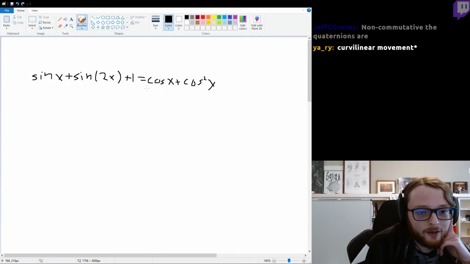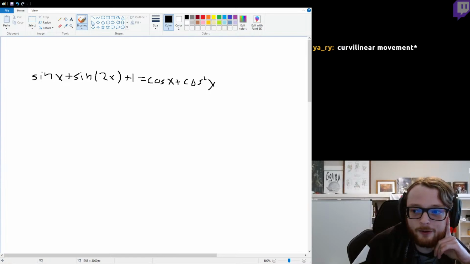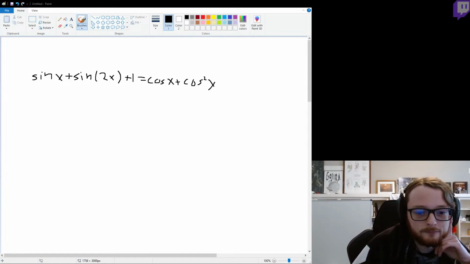For this one, what identities? I could do half angle, but I don't know if I want to do half angle. Or double angle. It's all the same to me. You probably have to, though. We kind of need the phases to be in line.